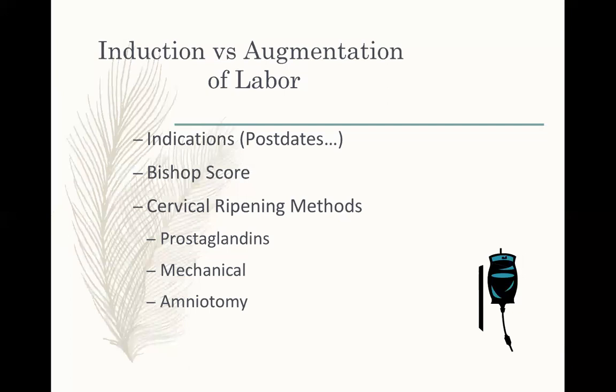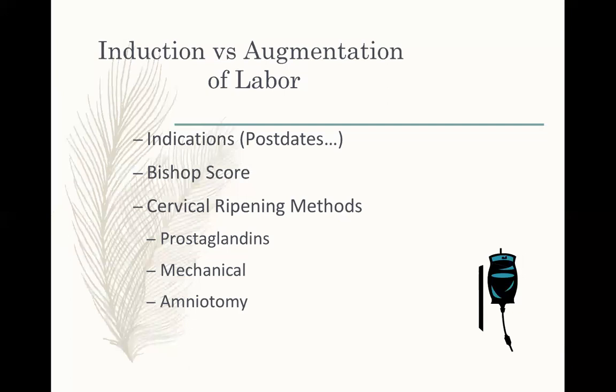And postdates is probably our most frequent induction. And more facilities are pushing back the time frame that they'll induce for postdates, which I think is fabulous. Legally in California, we cannot induce before 39 weeks unless there's a medical indication.